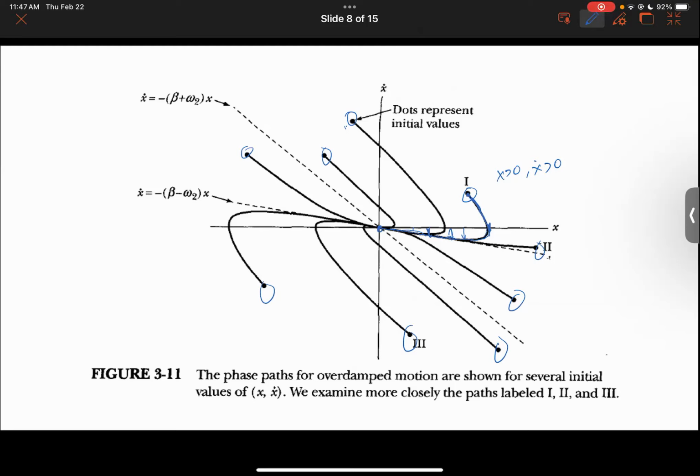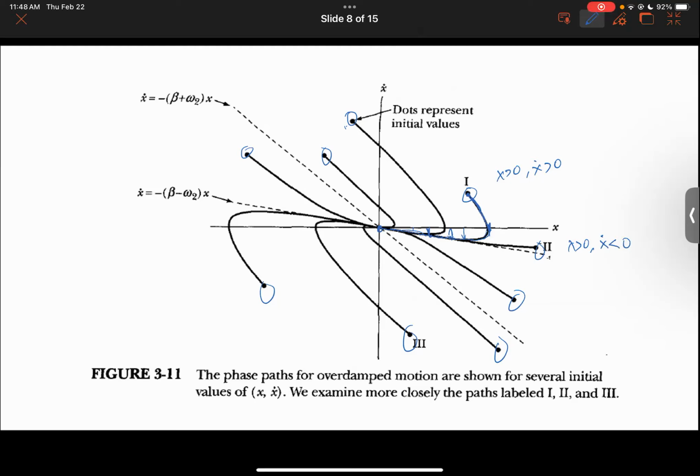So ang mangyayari is it just increases kung ito yung x-axis ninyo, di ba? So mag-move lang siya towards the maximum position and then pabalik sa equilibrium position where it stops. Okay, yan yung case 1. Yung case 2 naman is when x is greater than 0 and x dot is less than 0. So negative yung velocity.